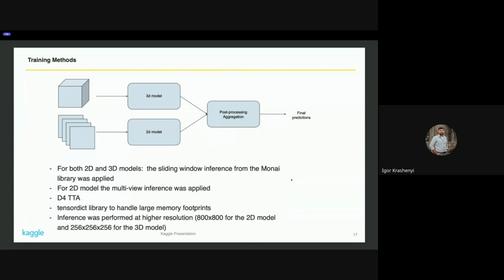Yeah, one more thing, how the ensembling was performed. Based on the 2D model predictions, I generated the bounding mask around the vessels. And this mask was applied on top of the 3D model predictions.